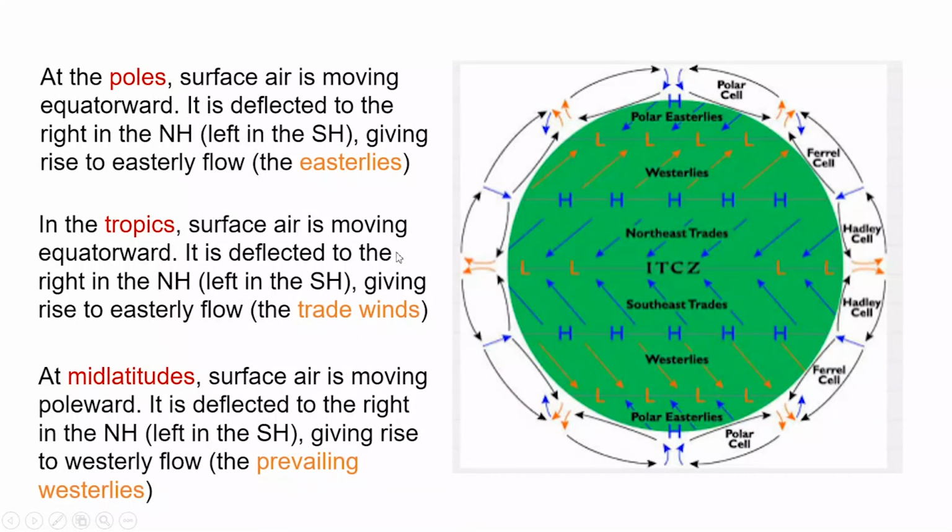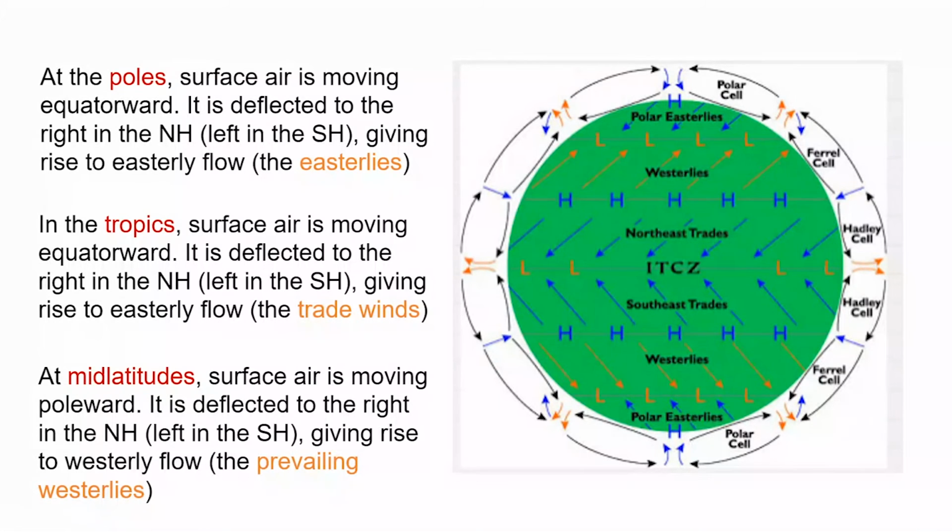Similarly, due to the Coriolis force, as well as this broken up Hadley cell, winds flow in different directions. They are classified as easterlies, westerlies, and trade winds. You see, near the poles, the wind is blowing towards the equator.